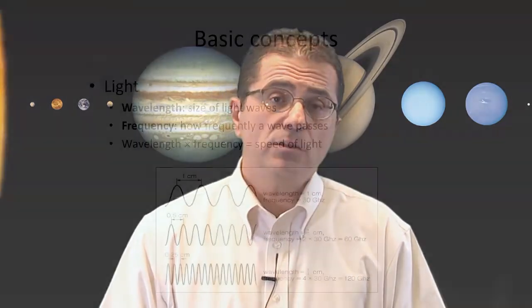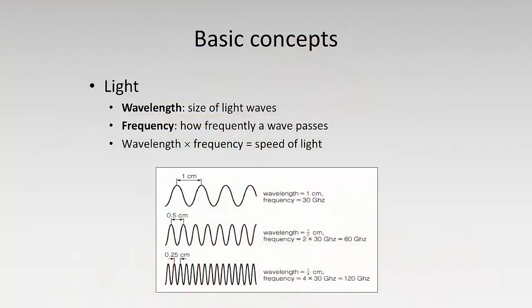Now, there's a very interesting relationship between the wavelength and the frequency. And mathematically, wavelength times frequency equals the speed of light. Now, the speed of light is a constant. It never changes. And so therefore, you can imagine that if the wavelength is a larger number, well, the frequency must be a lower number.